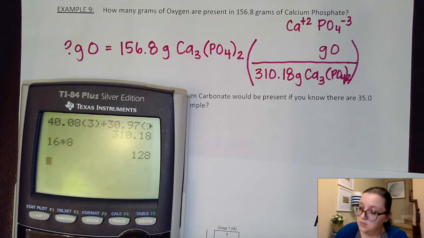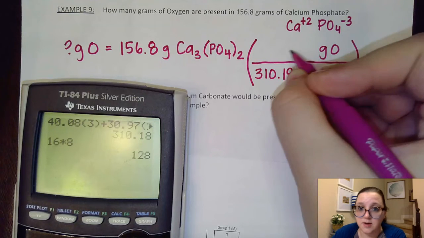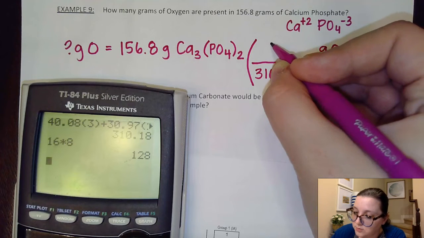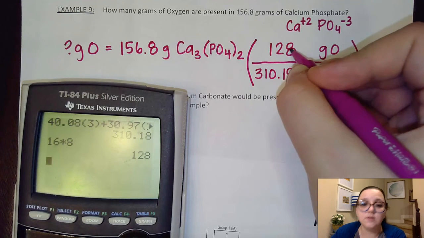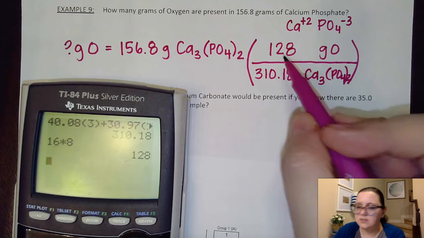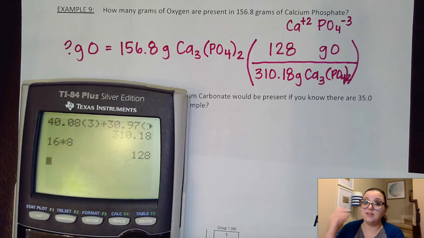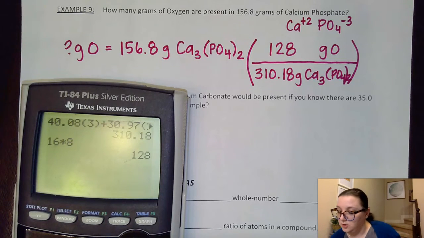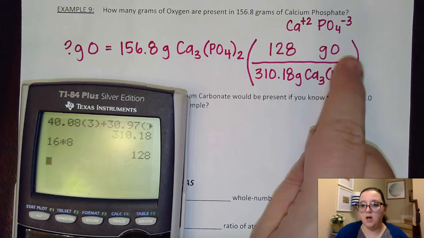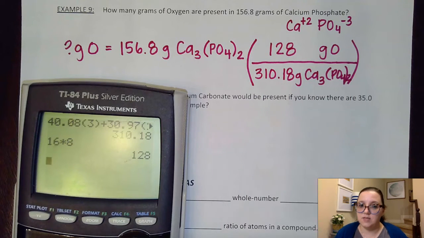You can either write the 16 times 8 or 8 times 16 up there, or you can just write the 128 grams. That choice is totally up to you. I a lot of times will just write 16 times 8 just to remind me that yes, I indeed did account for my subscripts there. So it's totally your preference. You just want to make sure that you're putting that total mass from the oxygen here out of the 310.18.